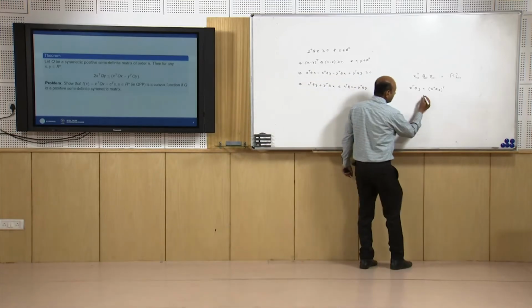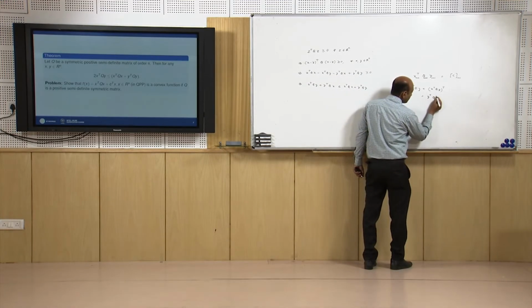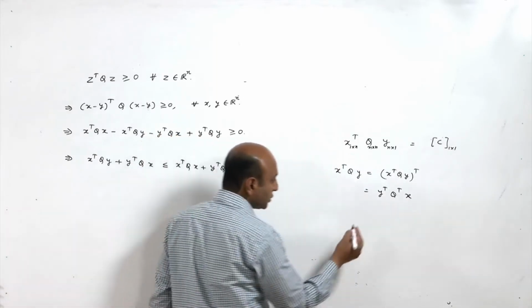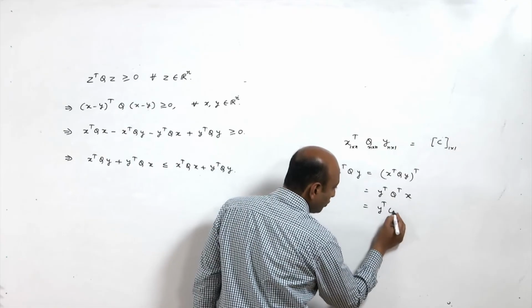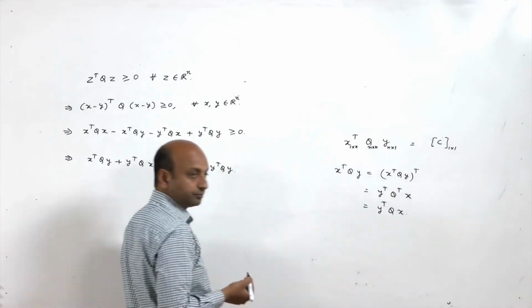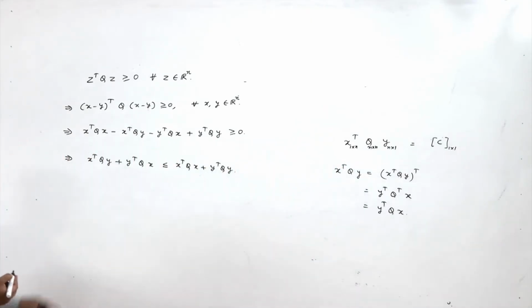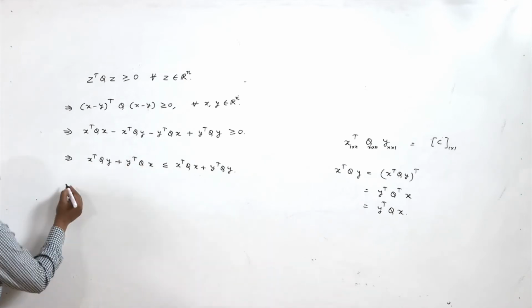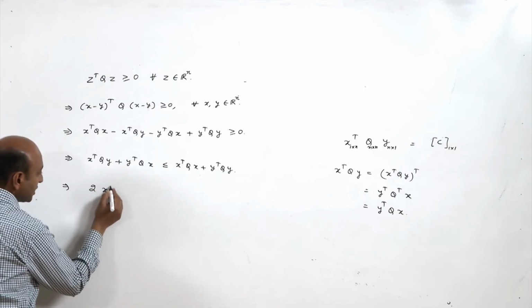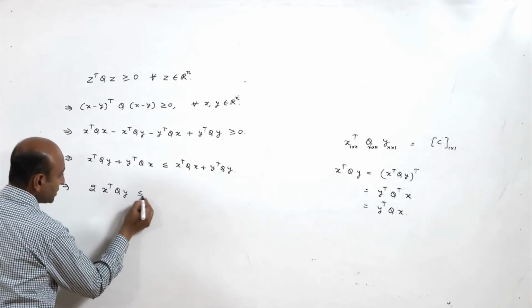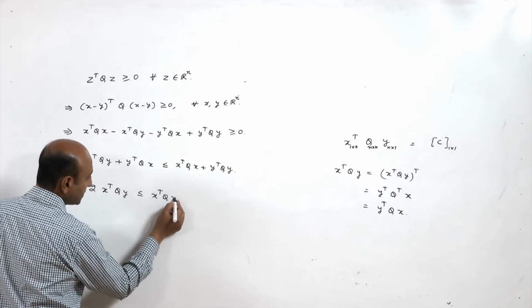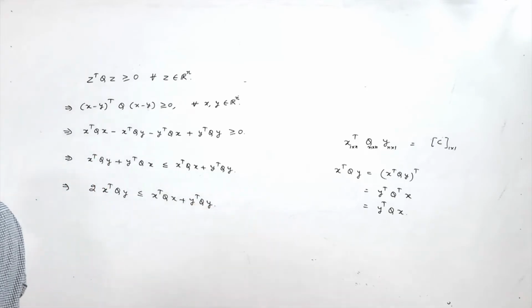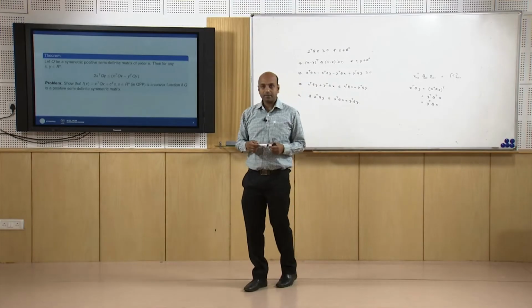Now this is nothing but y transpose Q transpose x, and Q is a symmetric matrix, so Q transpose is Q, so it is y transpose Qx. So both of these terms are equal. So we can easily write, it implies 2 x transpose Qy will be less than or equal to x transpose Qx plus y transpose Qy. So in this way we have proved the first result.